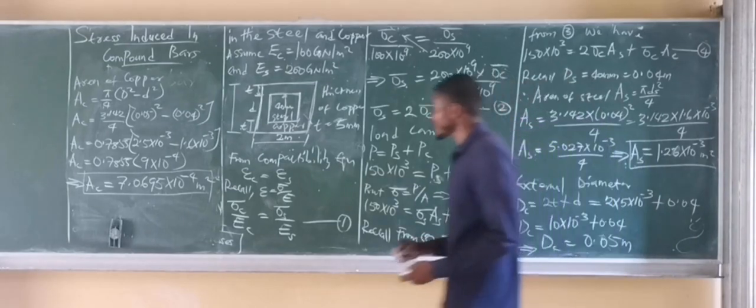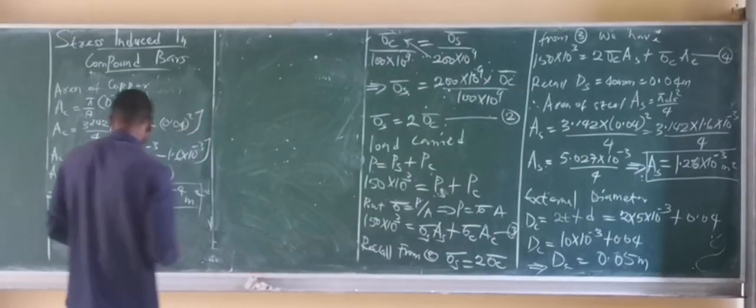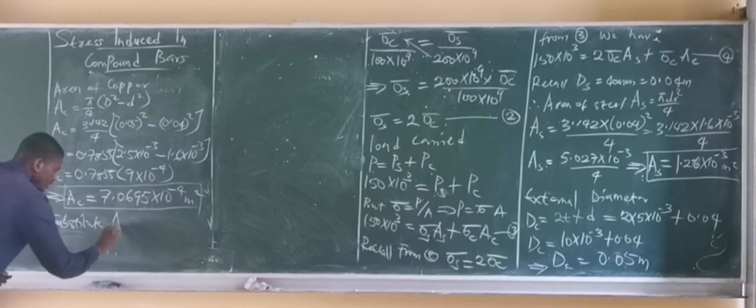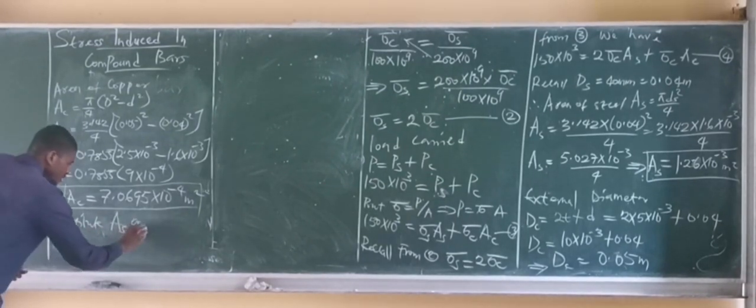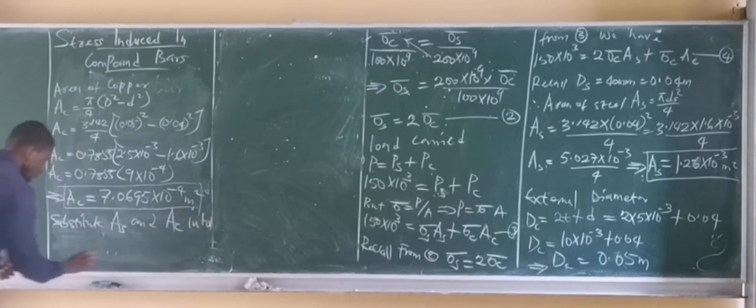So let's do it and see. Substitute AS, the area of steel, and AC, the area of copper, into equation 4.